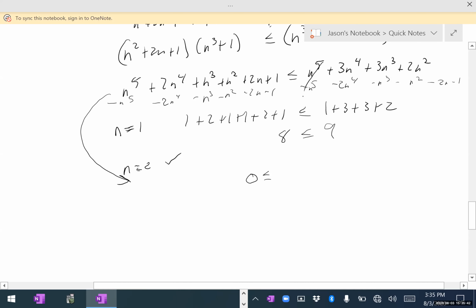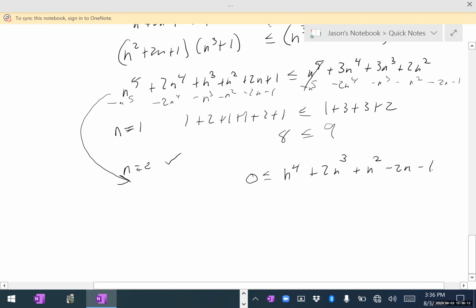The n to the fifths are going to cancel out. This becomes n to the fourth. This just might help me simplify a little bit. 3n to the fourth minus 2n to the fourth gives n to the fourth, n cubed minus n cubed, that's 2n cubed, 2n squared minus n squared, that's n squared, and then this is minus 2n minus 1.